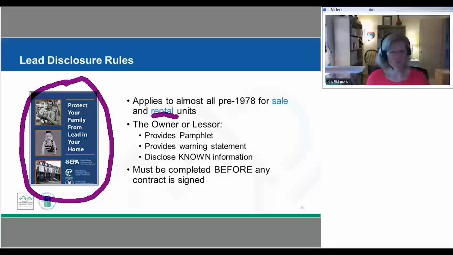It provides a warning statement, and then we also need to be disclosing any known information. And this has to be done before the contract is signed. So if you're renewing a lease and the PHA has new information about lead-based paint or lead-based paint hazards in that unit or common areas that are servicing that unit, we do need to provide a new disclosure notice to the tenant at lease renewal.